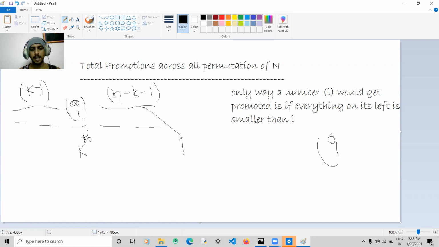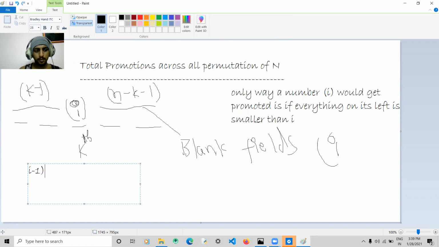So these are like blank fields. What you can do here is that you have i minus 1 smaller numbers. So you can take i minus 1 permutation k minus 1. Just take k minus 1 numbers from the i minus 1 smaller numbers, and whatever numbers are left, you can do the factorial there.